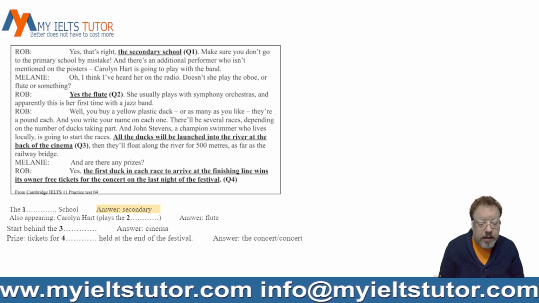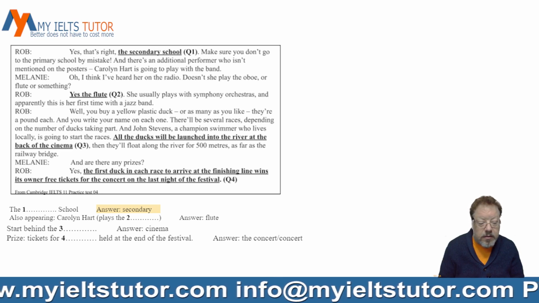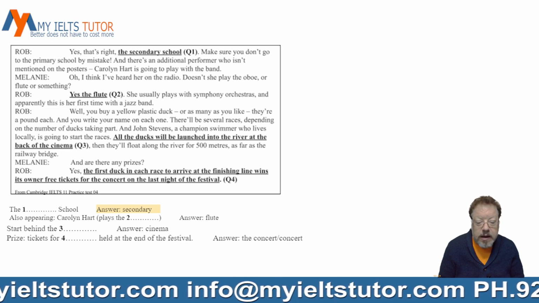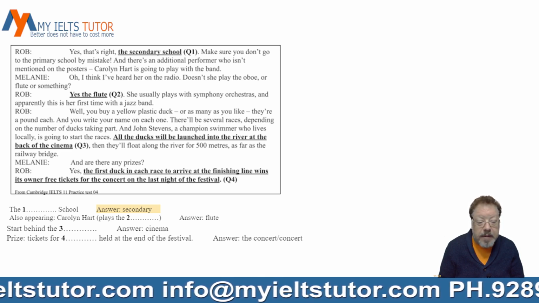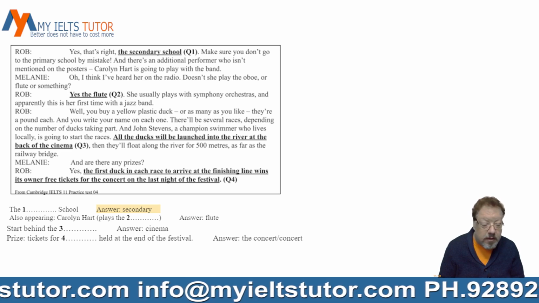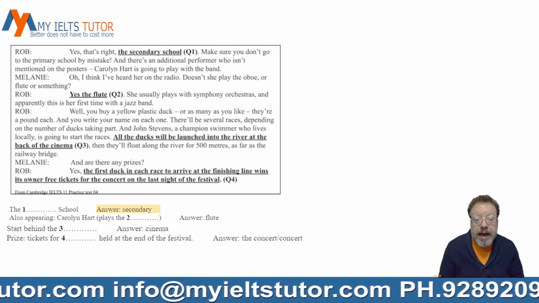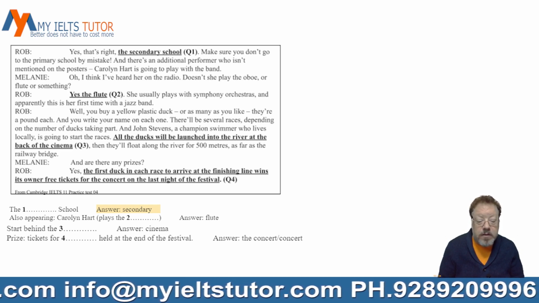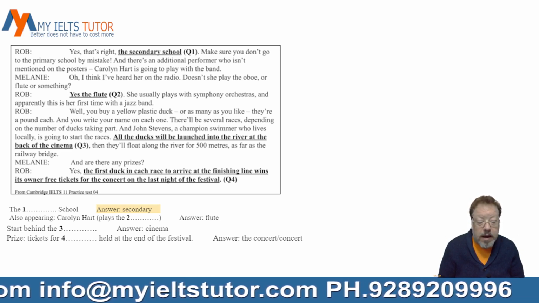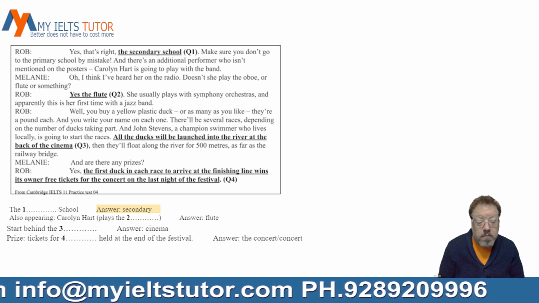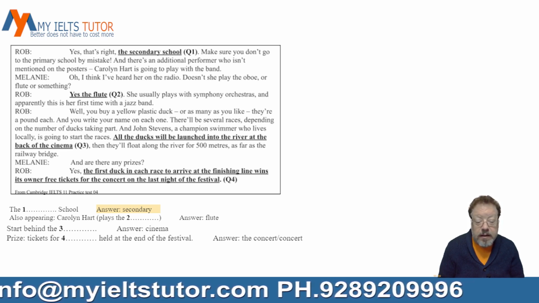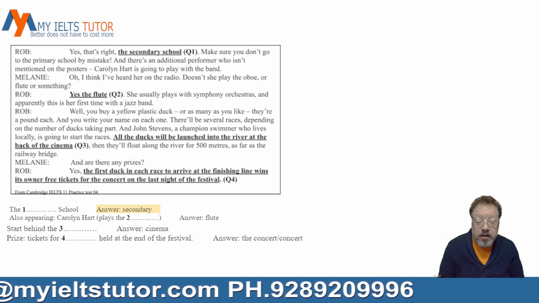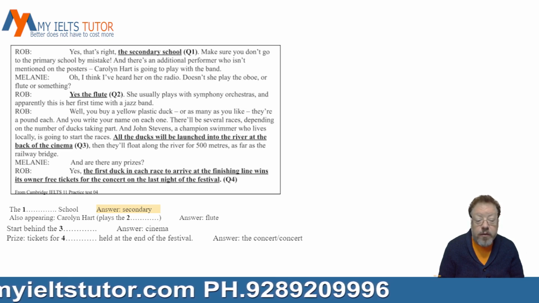For question 3, starts behind, Rob says, all the ducks will be launched into the river at the back of the cinema. So behind is expressed as at the back, and we would write cinema as our answer. And then number 4, prize, tickets for. Rob says, yes, the first duck in each race to arrive at the finishing line wins its owner free tickets for the concert.